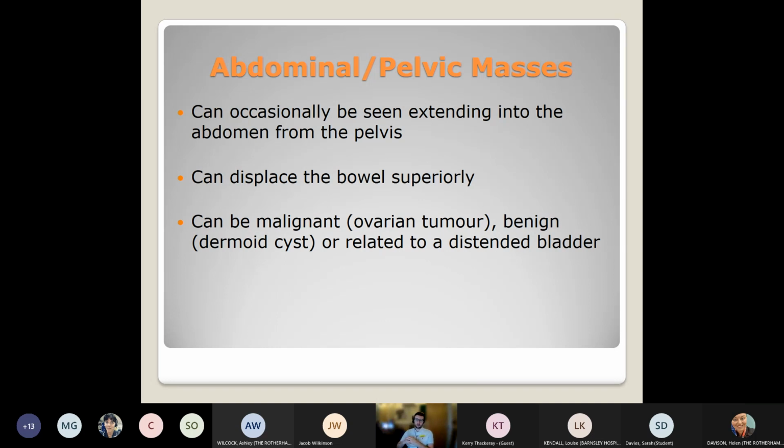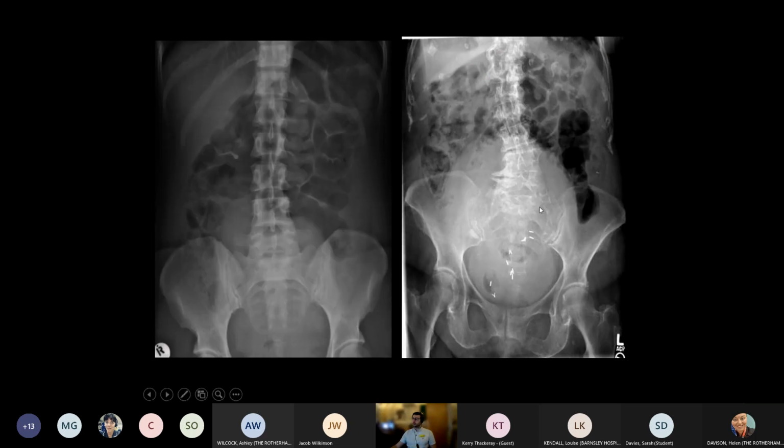It's quite interesting. Very occasionally as well, surprisingly, patients can have really distended, dilated bladders. So before they have the catheters put in, sometimes you'll see this big mass arising from the pelvis and you'll be like, oh my God, what is that? And actually, it's a distended bladder.